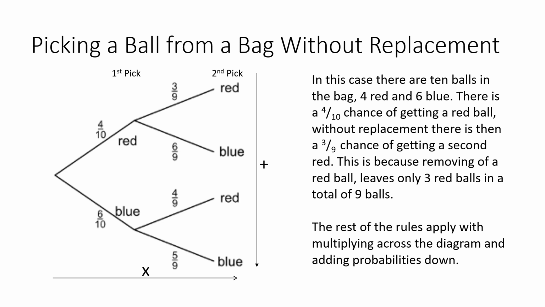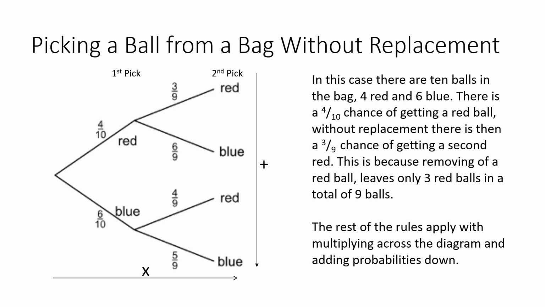However, if I remove a red ball, I've also now reduced the overall number of balls from 10 to 9. So the chance of being red will be 3 out of 9. Of course, we now know that where 2 branches join together, so that second pick, top red and blue, if red is 3 out of 9, that must make the blue 6 out of 9, because 3 9ths and 6 9ths will give you 1 whole one.